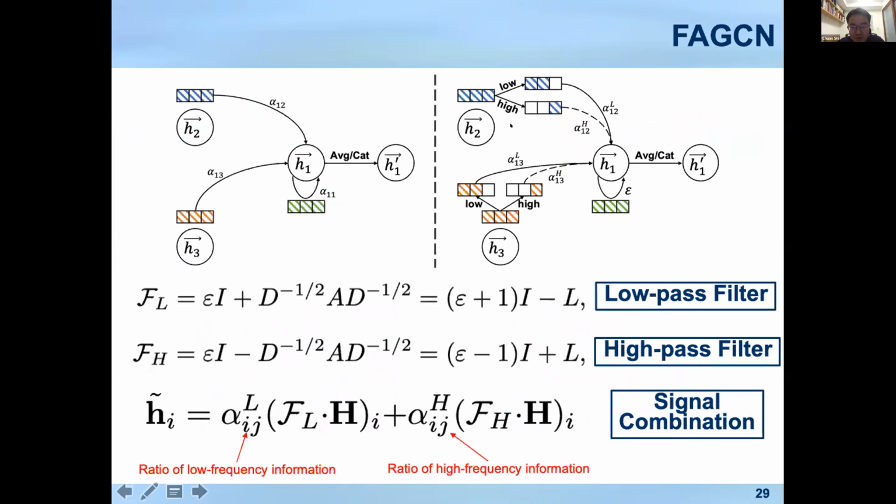The right figure shows the framework of our FunGCN. We designed the low pass filter and high pass filter to distinguish the low frequency signal and high frequency signal, and then combine these signals with different weights.